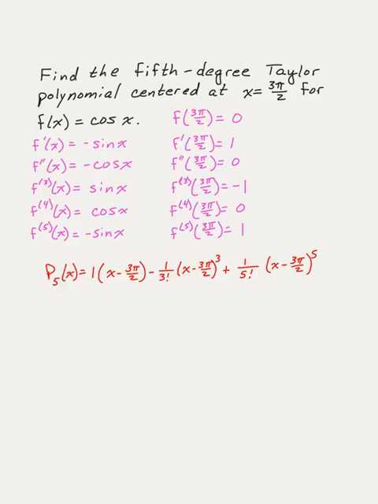Now notice that we've got zeros here, here, and here, which means that the function term goes away, and we end up with a first term having an x on it. The second derivative term goes away, and the fourth derivative term goes away, which means we're not going to have a term that has a second degree or a fourth degree on it.